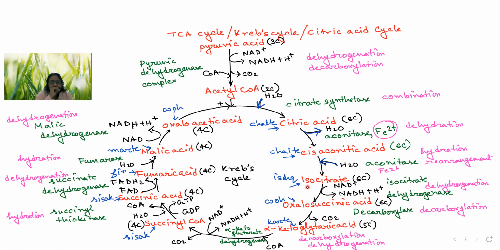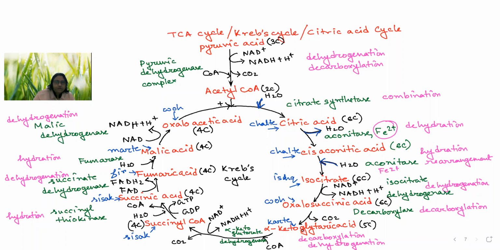Now, ishq karna is a very time as well as energy consuming thing. So that's why first energy is released in the form of NADH plus H plus. Ishq wo karte.